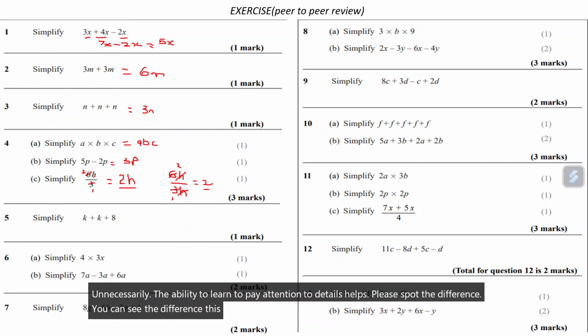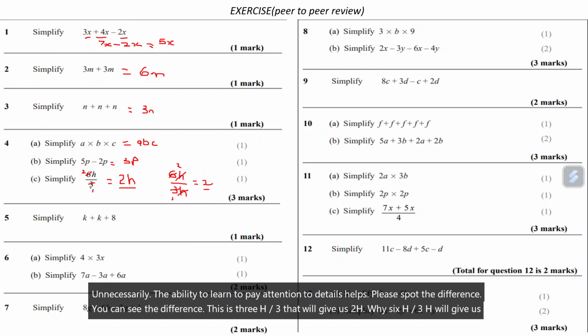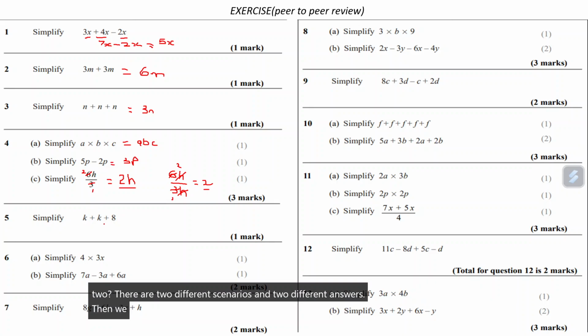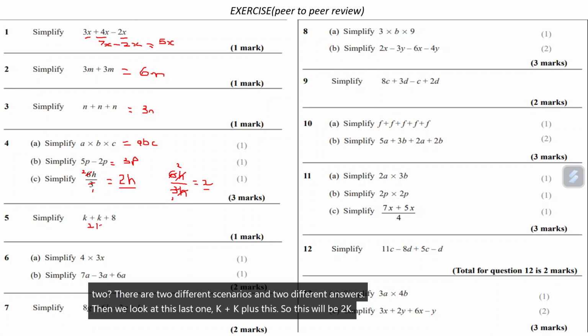This is 3h divided by 3, that will give us 2h, while 6h divided by 3h will give us 2. There are two different scenarios and two different answers. Then we look at this last one, k plus this. So this will be 2k plus 8.